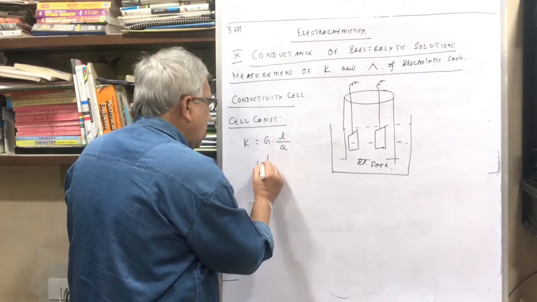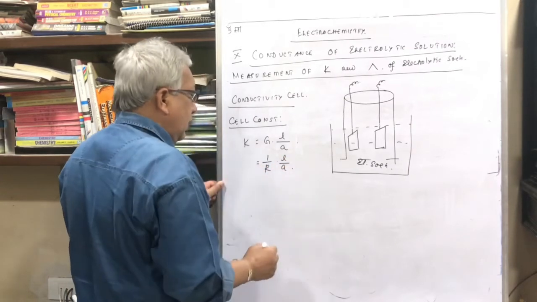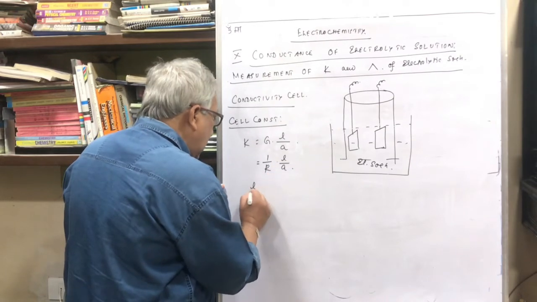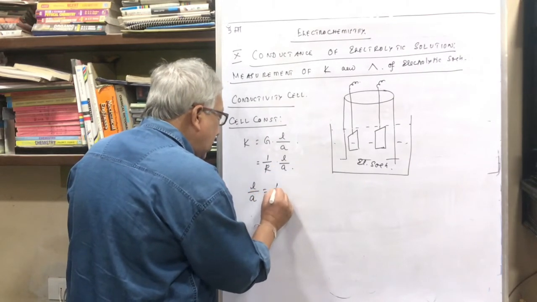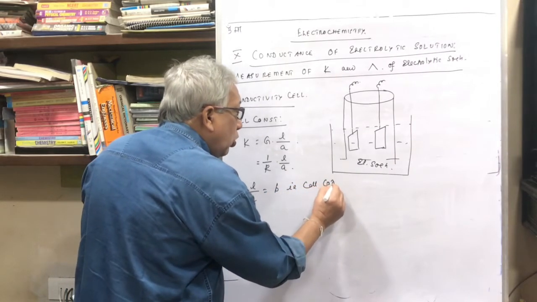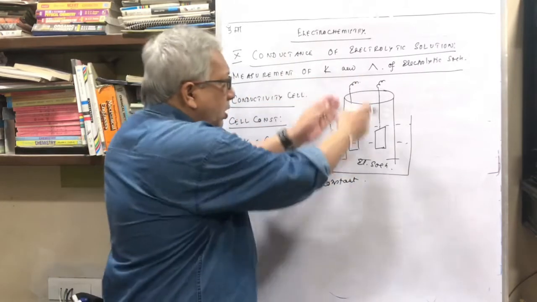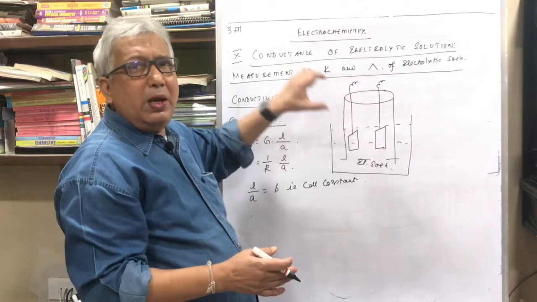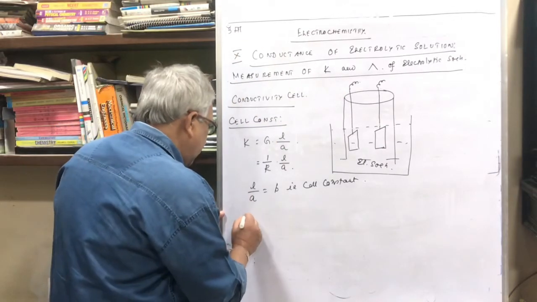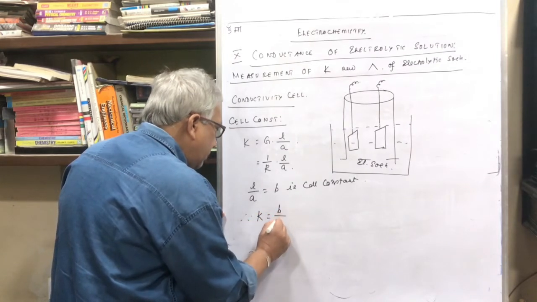So it is 1 upon R into L upon A, and this L upon A is denoted by B, and this is what is known as cell constant. For a particular conductivity cell, that cell constant value will be constant. All right. So therefore K is equal to B upon R.